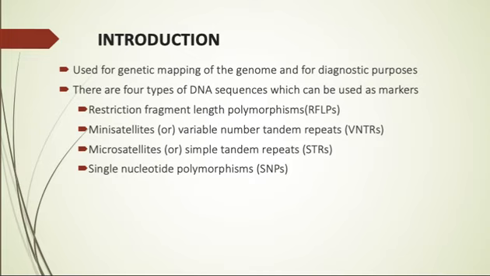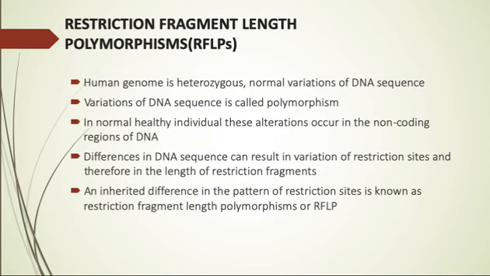So moving on to each individual DNA marker, the first one is restriction fragment length polymorphism or RFLPs. The human genome, we all know, is heterozygous. So there are a number of variations of DNA sequences, and these variations we call polymorphism.